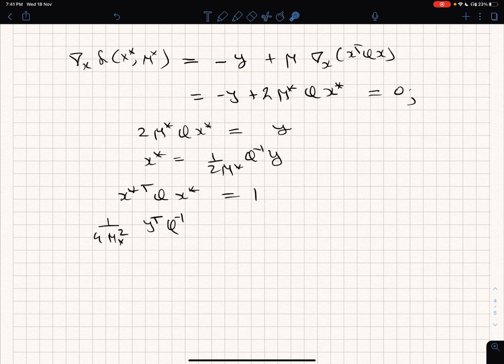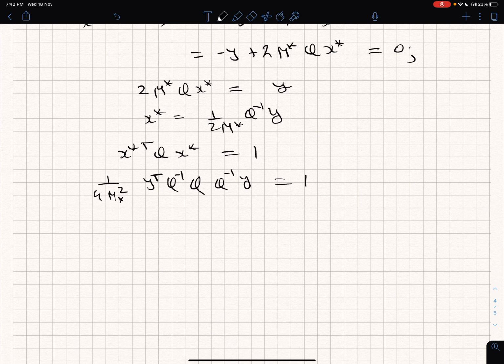The y transpose for the x transpose part, then Q inverse transpose has come here as Q inverse, and then this Q is put down here as Q again, and then for this x star again I repeat Q inverse of y. So I get Q inverse of y here, and this should be equal to 1.